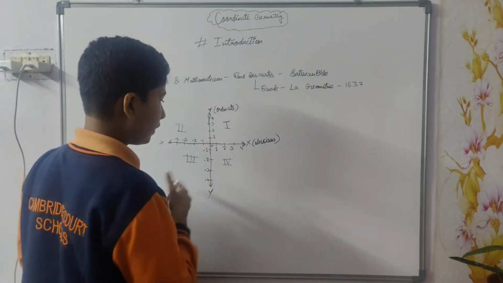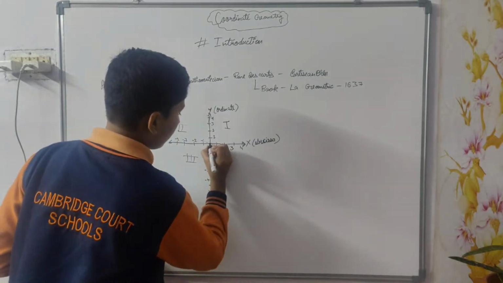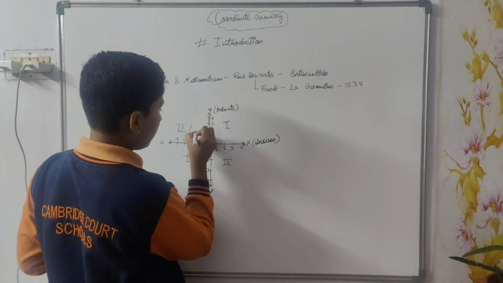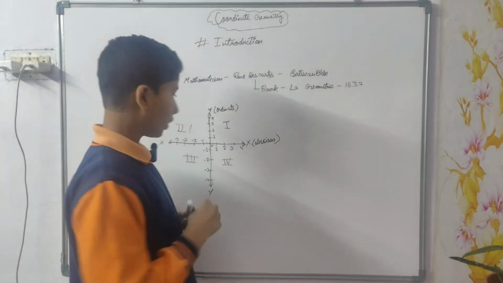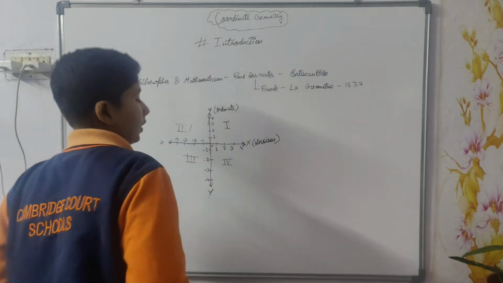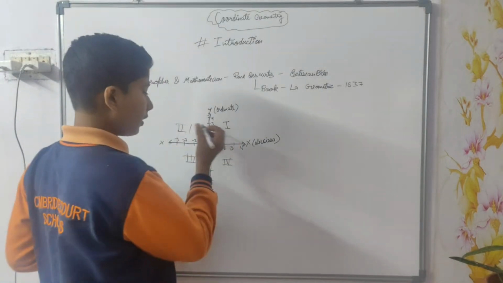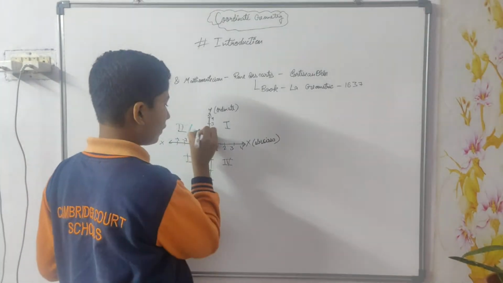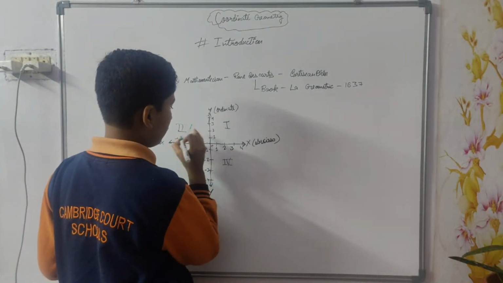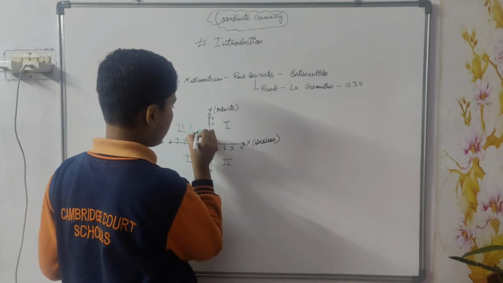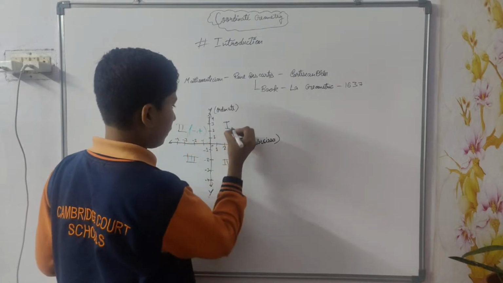Let me erase this one. Yes, so this quadrant, the second quadrant, will have the coordinates of negative, comma, positive.